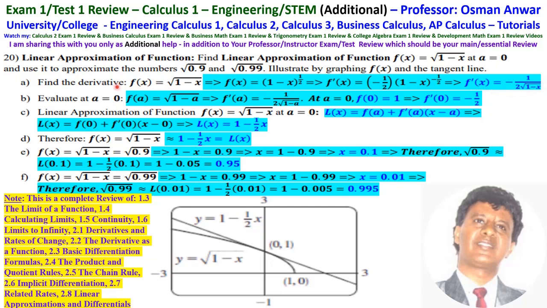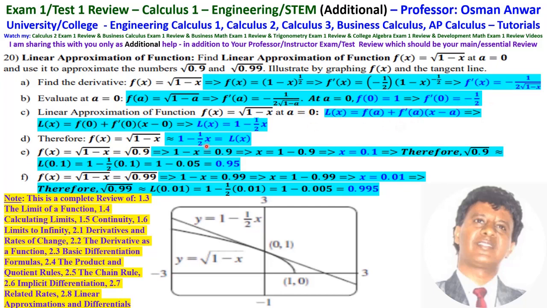Then evaluate at a equals 0: f of a is square root of 1 minus a, and f prime of a is minus 1 over 2 square root of 1 minus a. At a equals 0, f of 0 is 1, and f prime of 0 is minus 1 over 2.